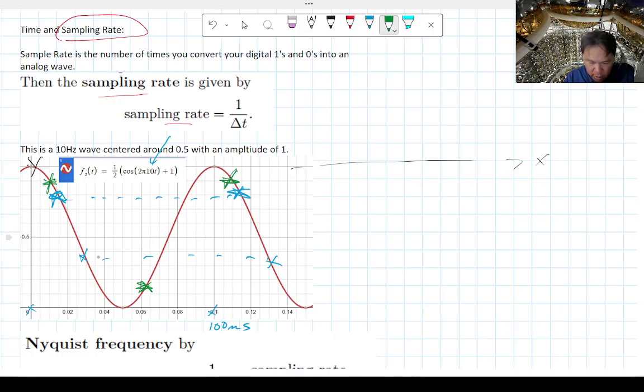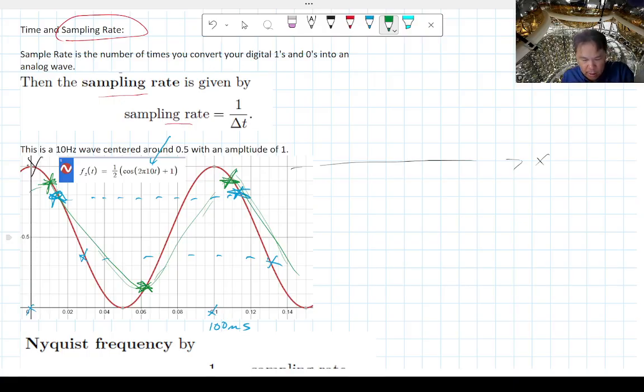Now at least I can tell, okay, it's something that's going down, something that's going up, up and down. I may not get the amplitude exactly right, but the frequency is pretty accurate already at this point, right? Because if I'm just connecting these points as triangles, at least I know the frequency, how often it's going up and down, right? I may be getting the amplitude slightly wrong, okay?